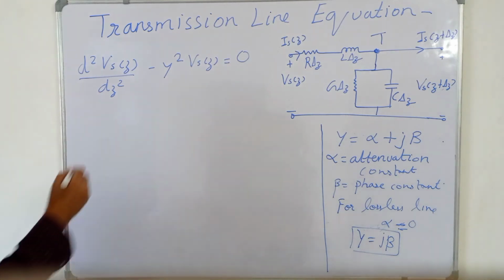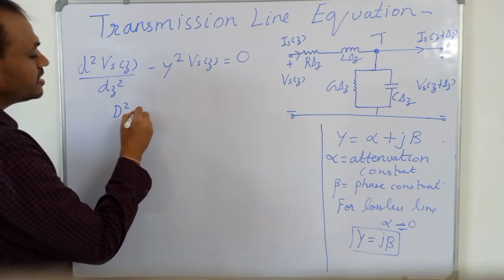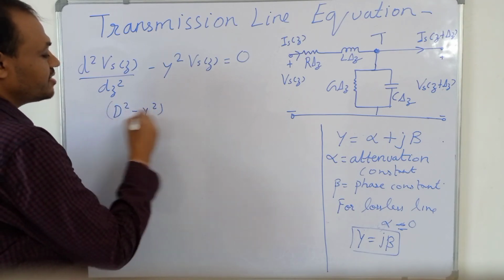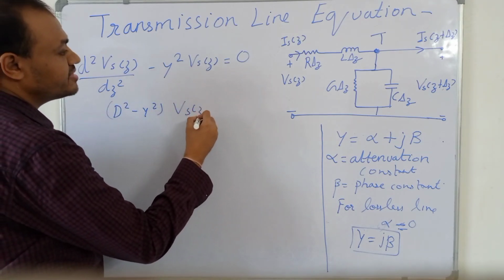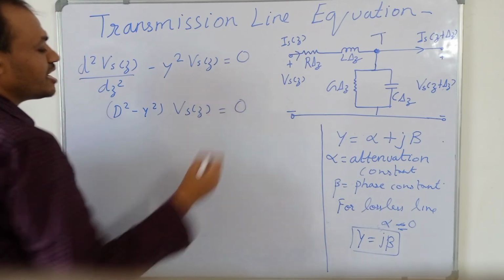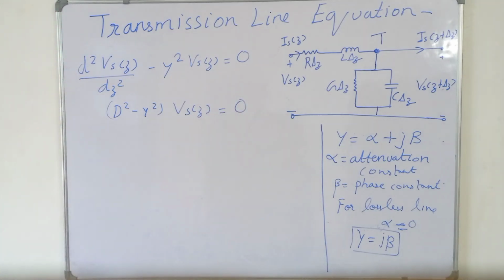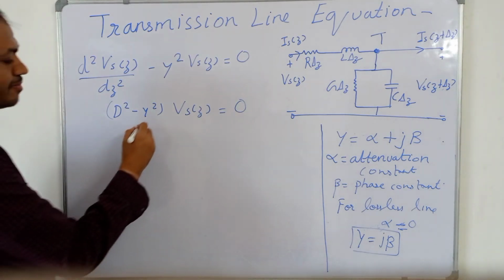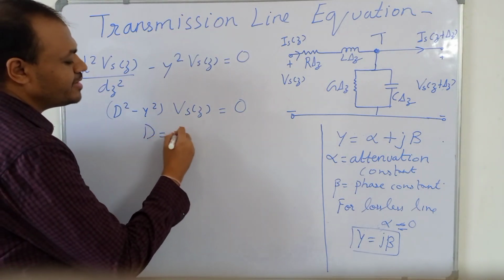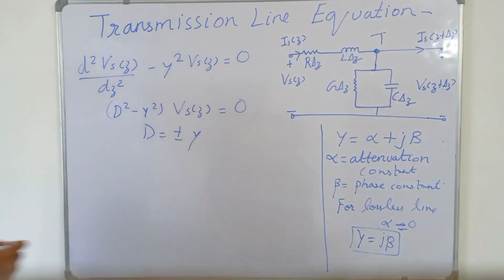So we can write it as (D square minus gamma square) Vs of z equal to 0. So the value of D will be plus minus gamma.